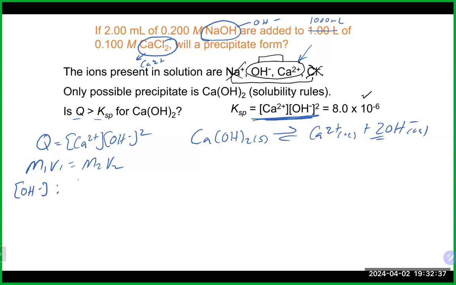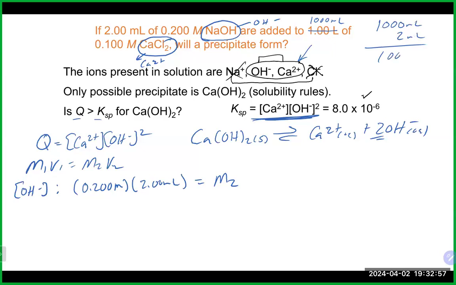our M1, which is 0.2 molar, times our V1, which is 2 milliliters, equals our second molarity, which is after they're mixed together. After they're mixed together, we have a total volume of 1,000 milliliters plus 2 milliliters.